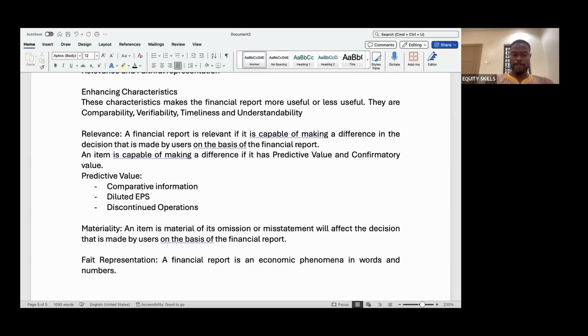I say financial representation. Faithful representation simply means that your economic phenomena in numbers should be represented the way they are, faithfully.